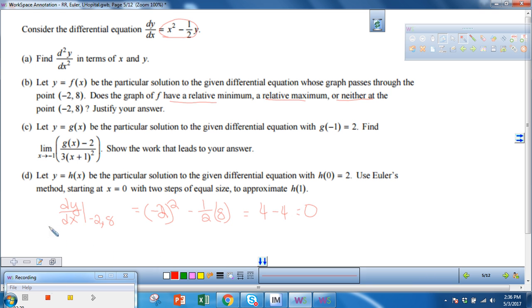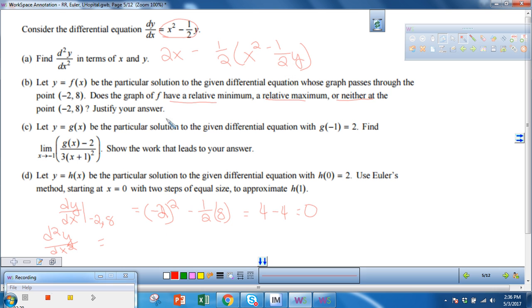The second part of the second derivative test, I have to see if that second derivative is positive or negative. So putting these values into the second derivative, which we found a second ago, I'm just going to write it here. The second derivative was 2x minus 1/2 times x squared minus 1/2 y.